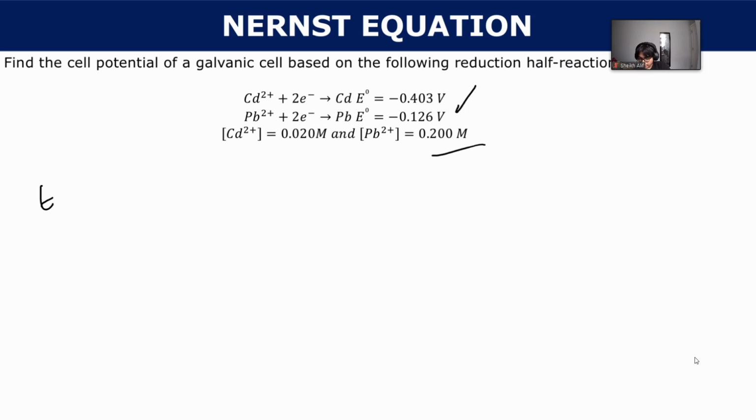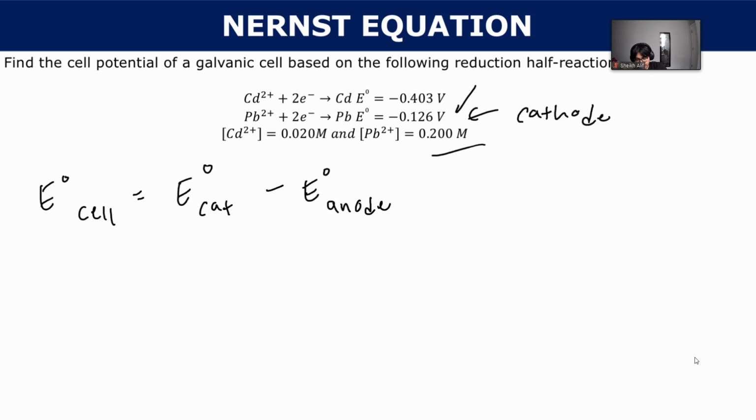Remember, E cell is just E cathode minus E anode. And these are all standards, obviously. If we have a galvanic cell here, then our E cell value has to be positive. The only way that happens is if the lead is the cathode and the cadmium is the anode.